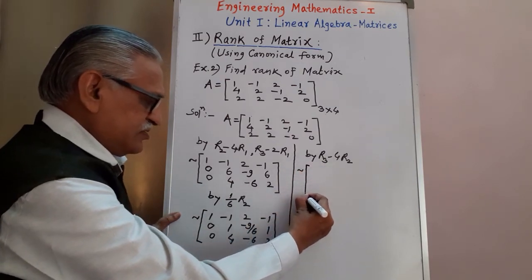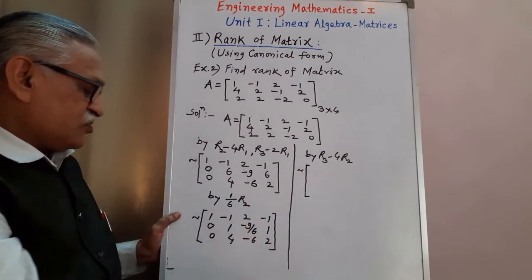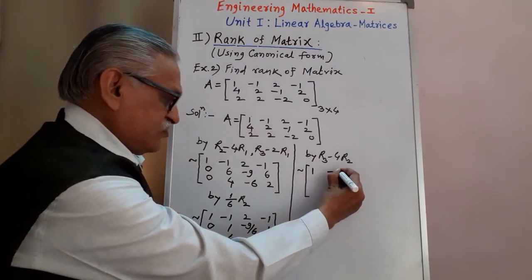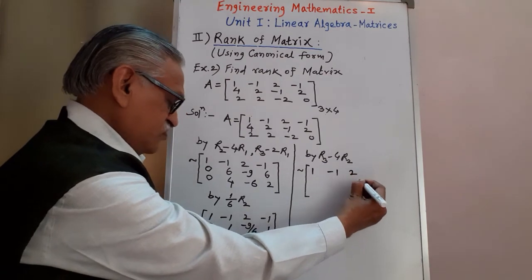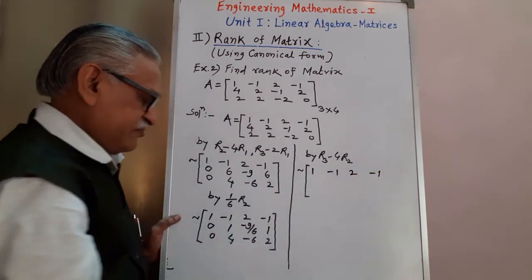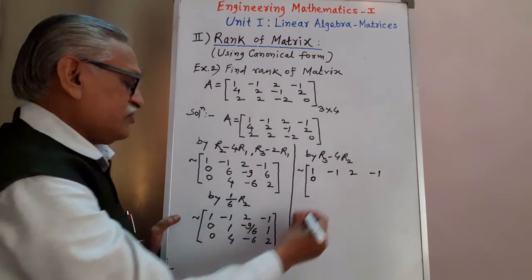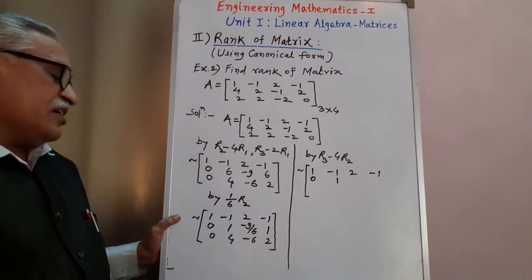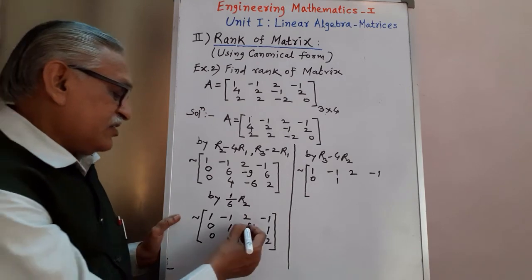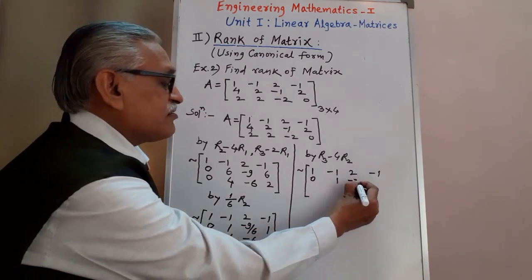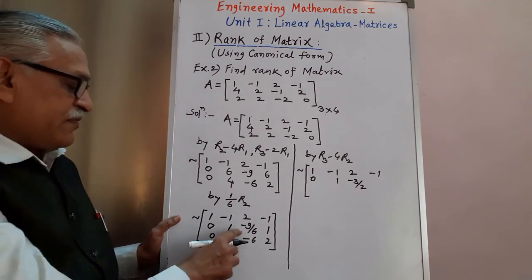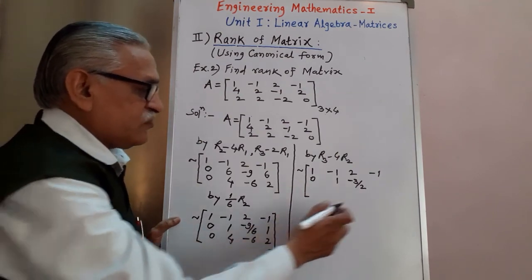Performing this, first two rows no change as it is: 1, minus 1, 2, minus 1. Then 0, 1, minus 9 by 6, dividing by 3 we get minus 3 by 2 in simplified form, and this one is 1.